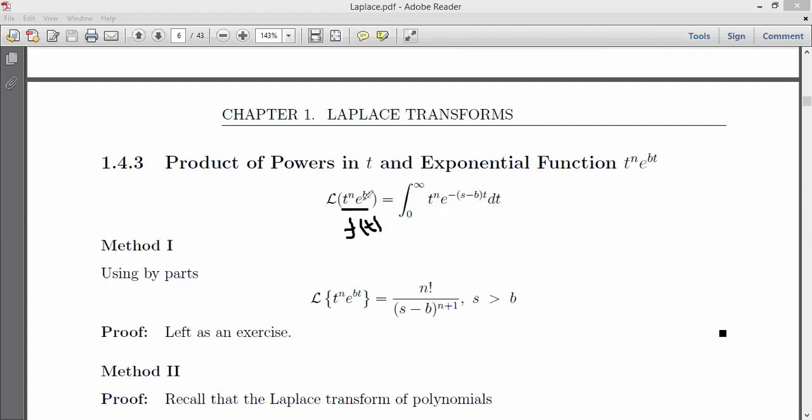This whole f of t is what you are going to multiply with the e. So you basically have t to the n, then e to the power bt, and you now bring in the definition, which is e to the minus st.